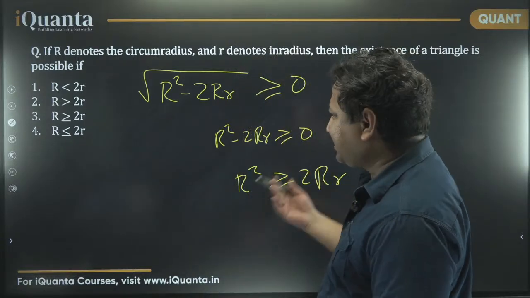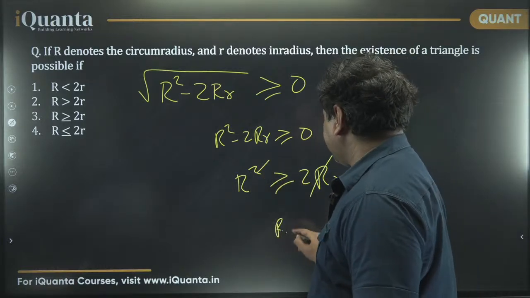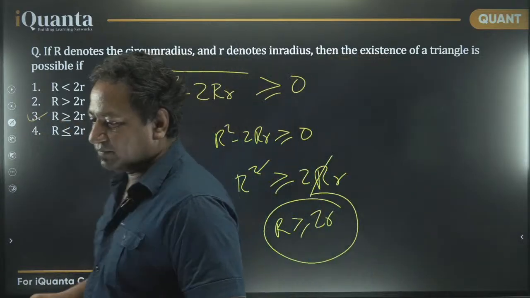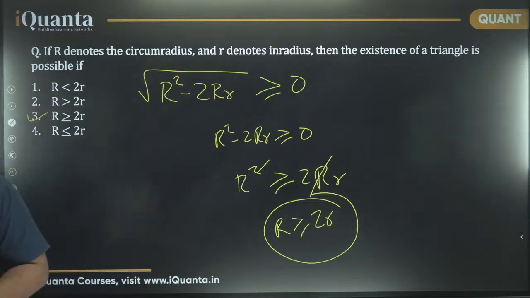Because capital R cannot be 0, this can be cancelled on both sides. All we have is capital R is greater than or equal to 2 times small r. So third option is the correct one. That's it. Such a nice question which can be solved just by using this hack, this cheat code. Cool?